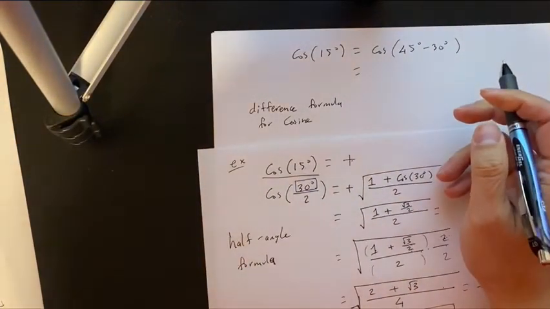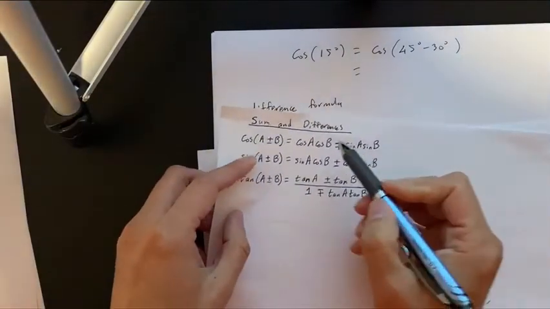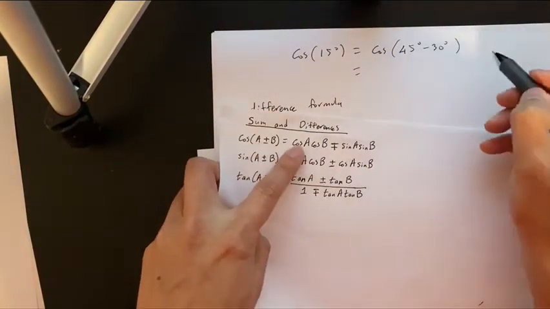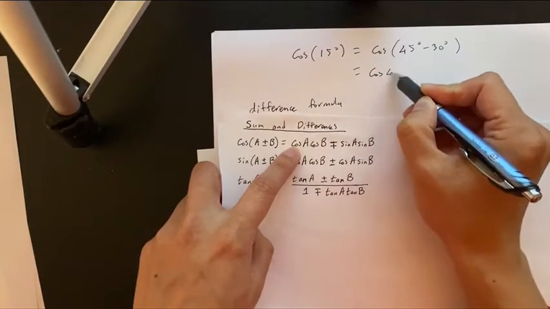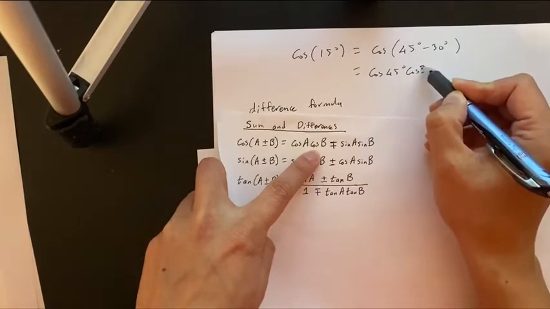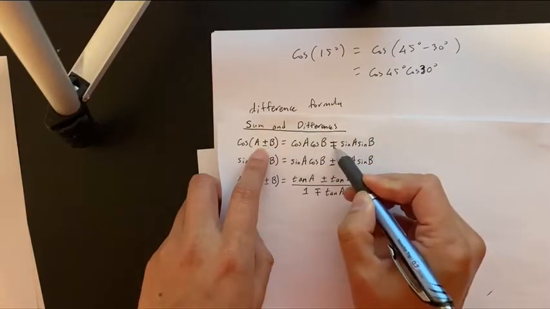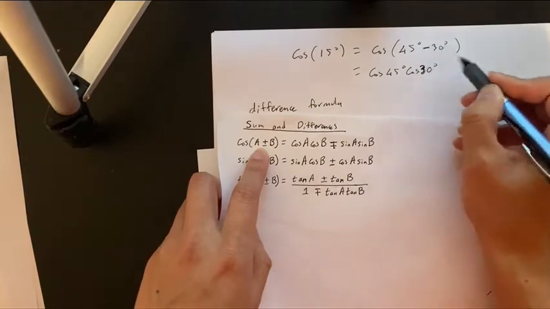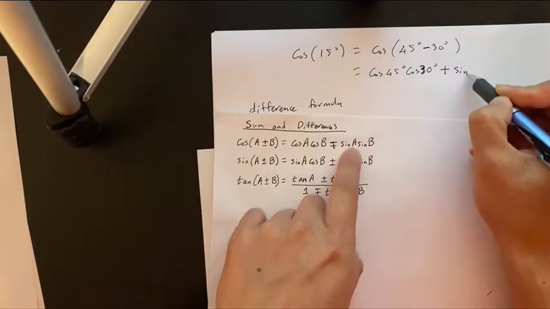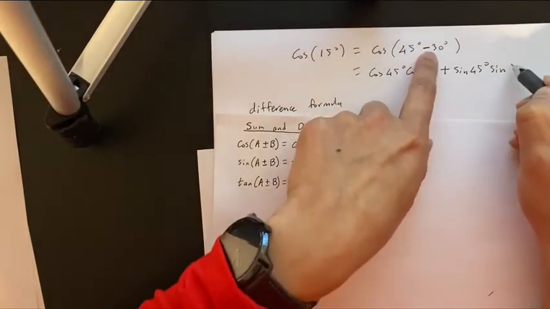And we'll get to apply that difference formula from section 7.2. So cosine of A minus B is going to be cosine of A, cosine of B. And what is it? If it's subtract, you're going to add. And here we are subtracting, so it will add. And it'll be sine of A, which is 45, and sine of B, which is 30.